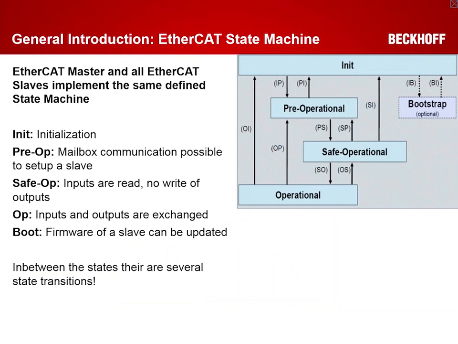Then we have safe operational, where inputs are read by the master but no outputs are written to the slaves. And we have the operational state, where inputs and outputs are exchanged. The special state is the bootstrap state, where it is possible to update the firmware on a slave. In between, of course, we have different transitions from one state to another.